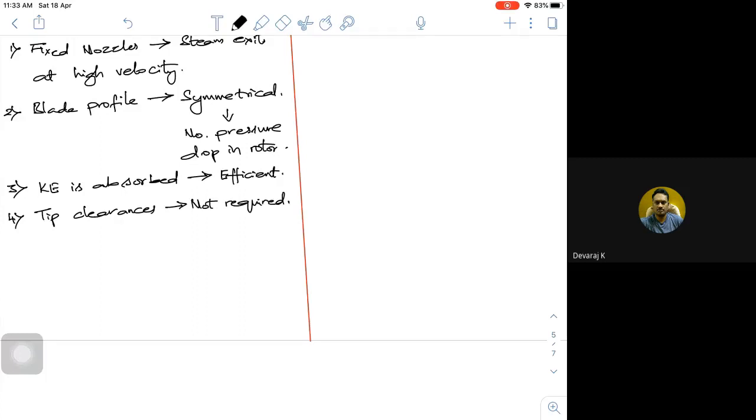But in case of a reaction turbine, the tip clearance is very much required to avoid leakage of pressure, because there is pressure also getting absorbed and the kinetic energy is also getting absorbed. So both are getting absorbed in the rotor. But in case of an impulse rotor, tip clearances are not that predominant.